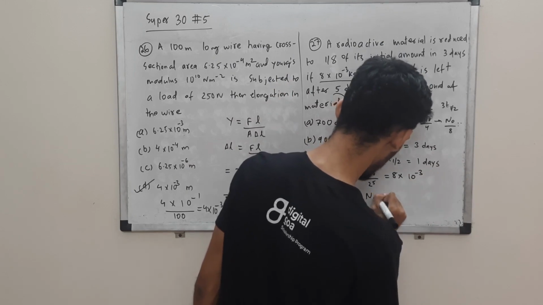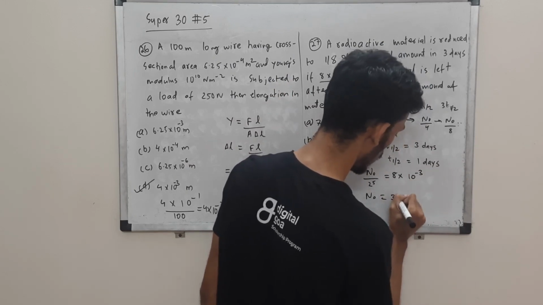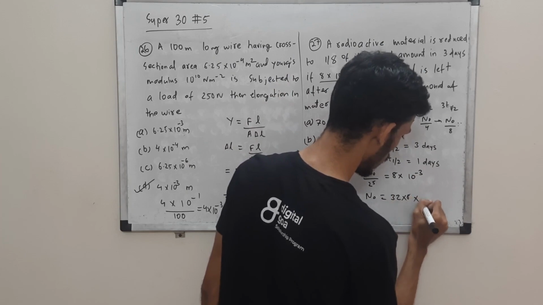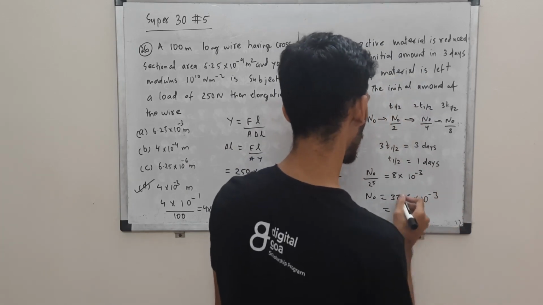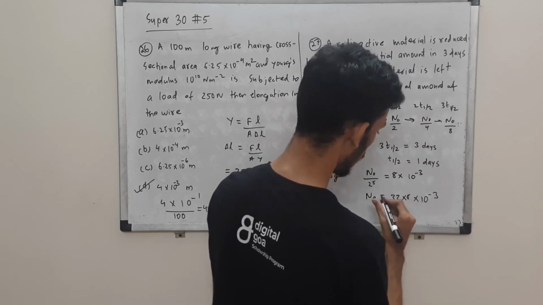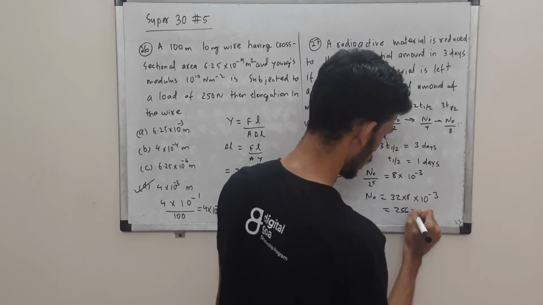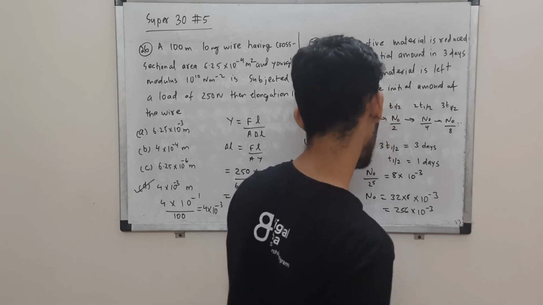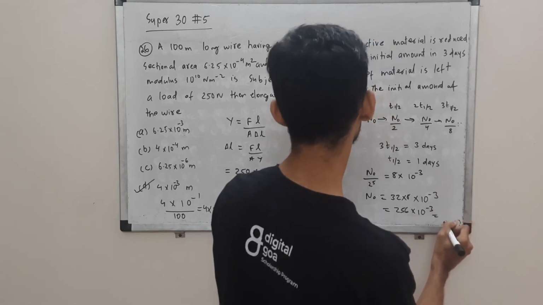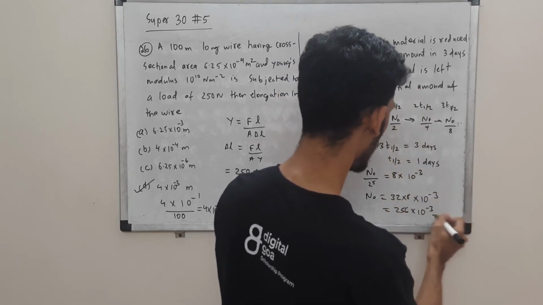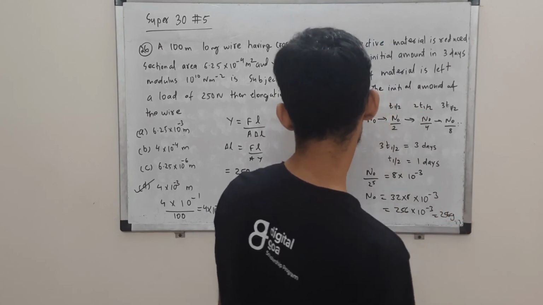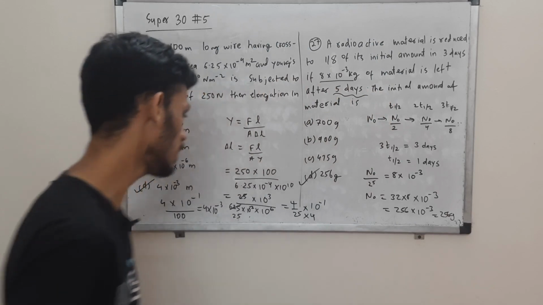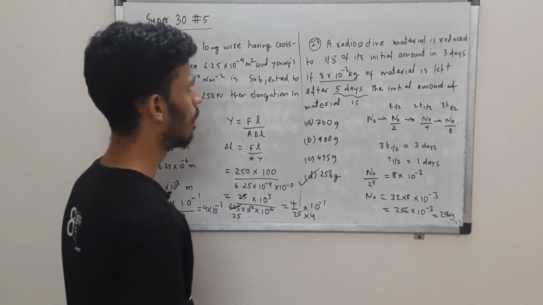So N0 is 2 to the power 5, which is 32, times 8 into 10 to the power minus 3, right? 32 into 8: 3 8s are 24 and 16, or 240 plus 16, is 256. So that is into 10 to the power minus 3 kg, which is 256 grams, option D again. So that is your question number 27.